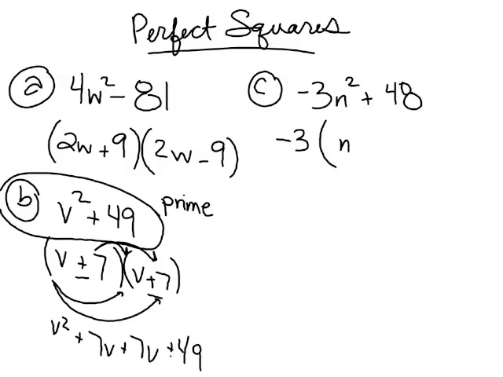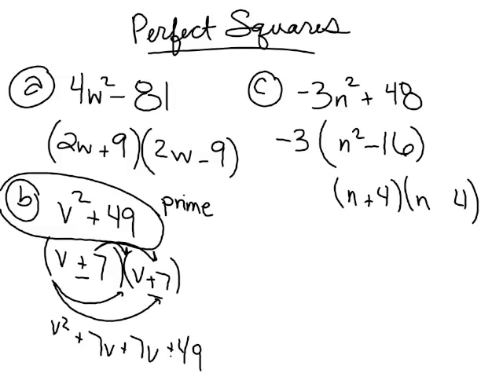And what do I times the negative 3 by to go back to 48? Okay. Now those are both perfect squares. So what's the square root of n squared? N. And what's the square root of 16? 4.